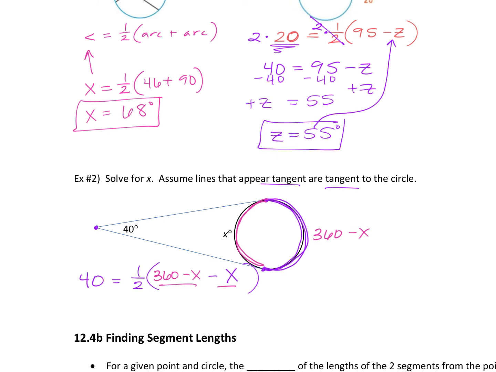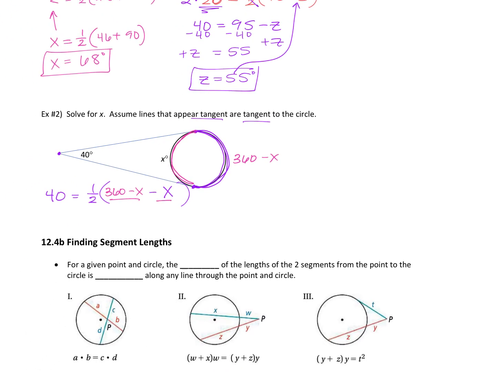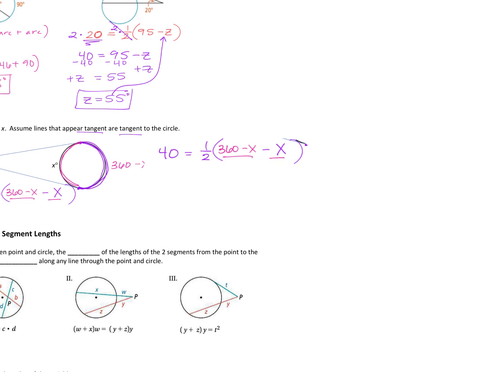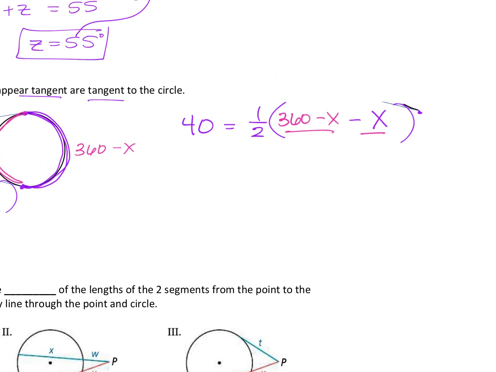Okay, now let's simplify that. I'm gonna bring it over here. Okay, so if this is our setup, this would be 40 equals half of 360 minus 2x.